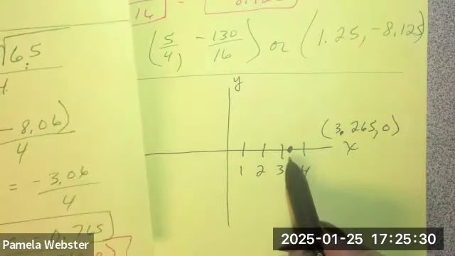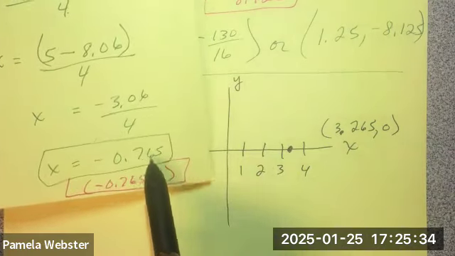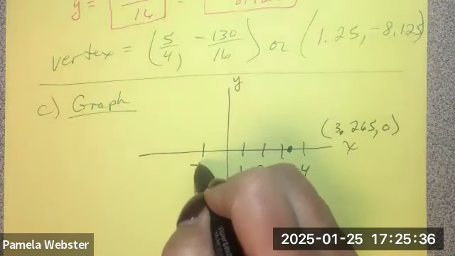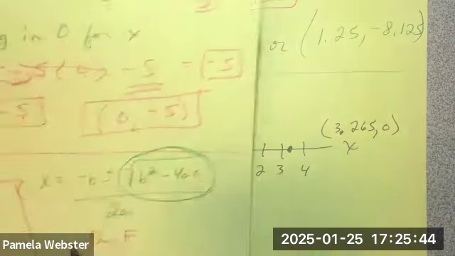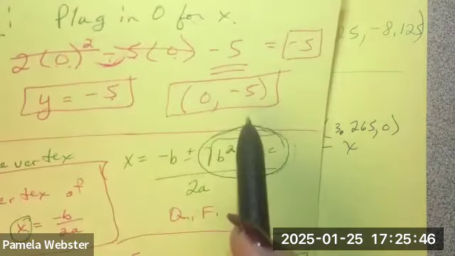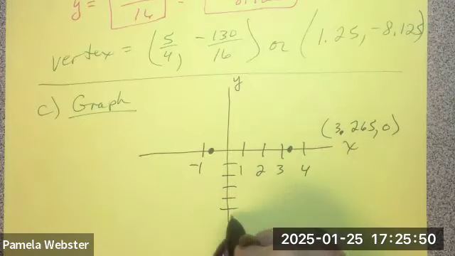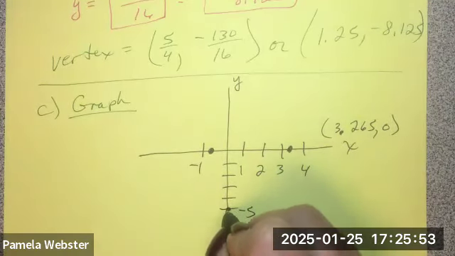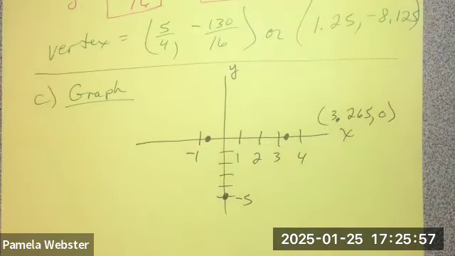I just need to know basically where it is, okay? The other x-intercept is at -7.65. And I said earlier, that's almost -1, right? Okay, so there's my x-intercepts. My y-intercept was at -5. So that was y equals -5.